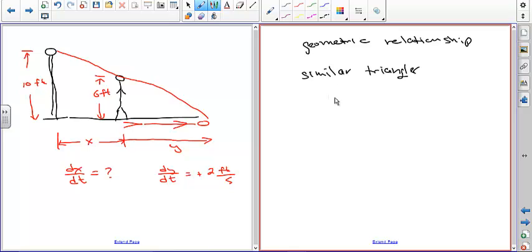So what that would say is that 10 divided by 6 is equal to something divided by something. So what do you think that would be? I'll ask somebody specifically. Let's say Maya. Based on the other dimensions, it involves x's and y's.